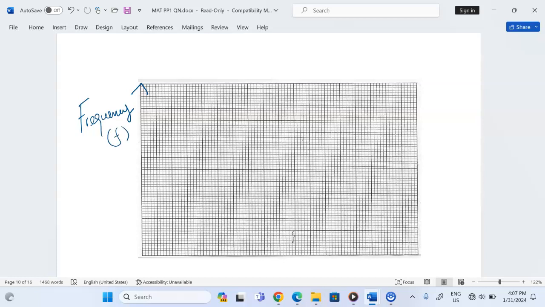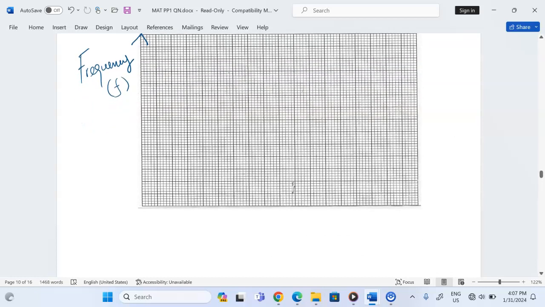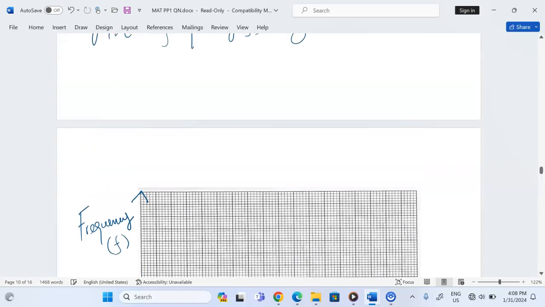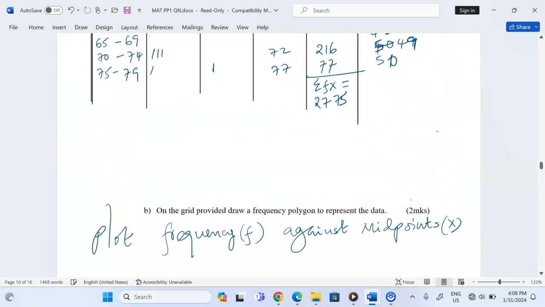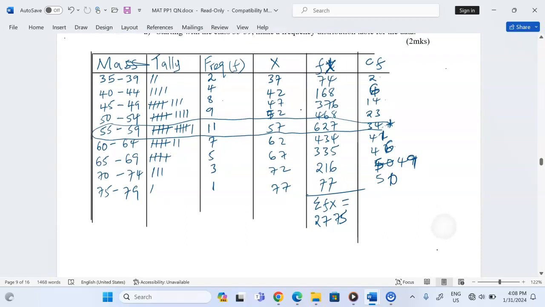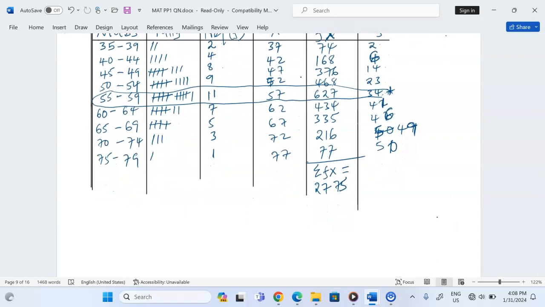Frequency F. Then at this point, I'm going to have the midpoints X. The first midpoint is at 37, sorry.